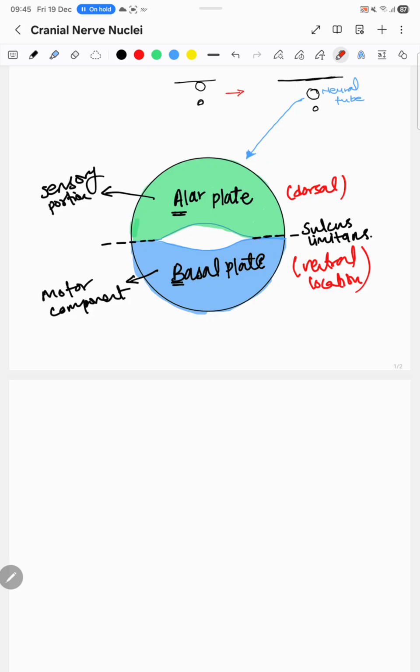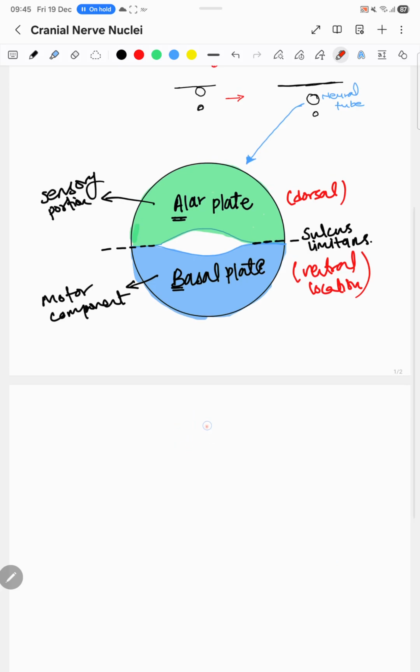But the problem is, as we learned about the fourth ventricle or the other ventricles, those ventricles aren't evenly placed like this, right? Let's say this is the brain, and there's the cerebellum on the other side. If this is the fourth ventricle, it must have the cerebellum at the base.